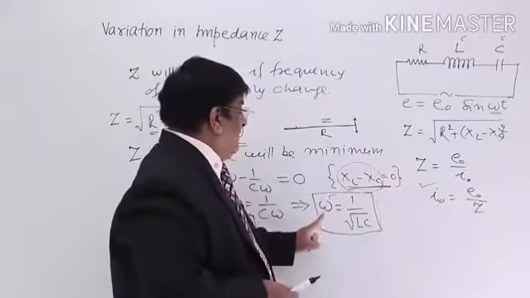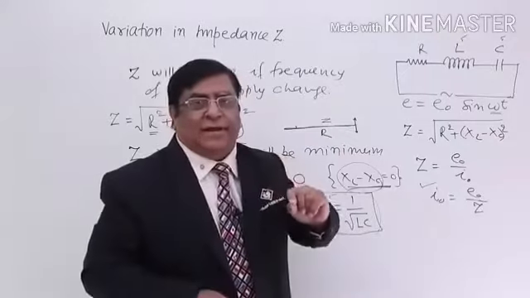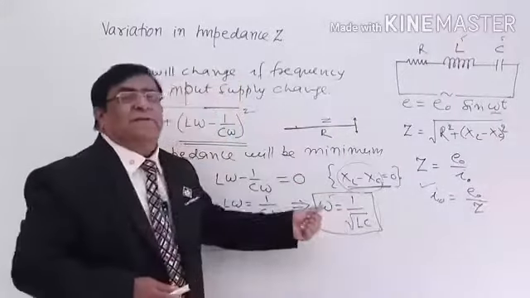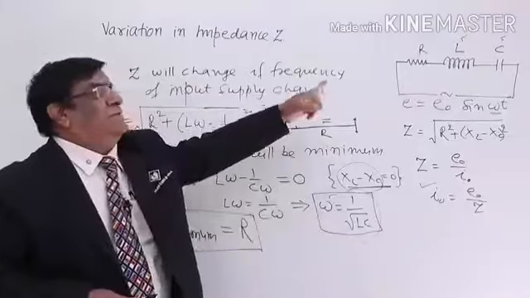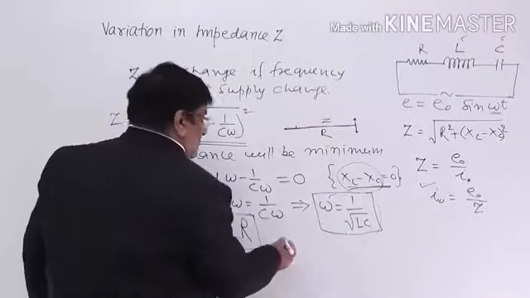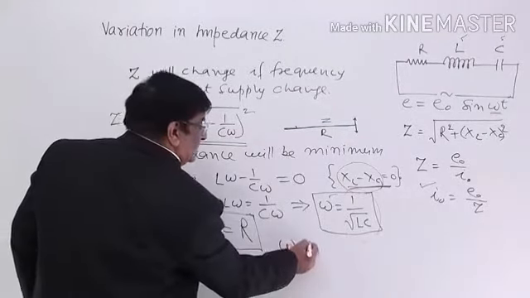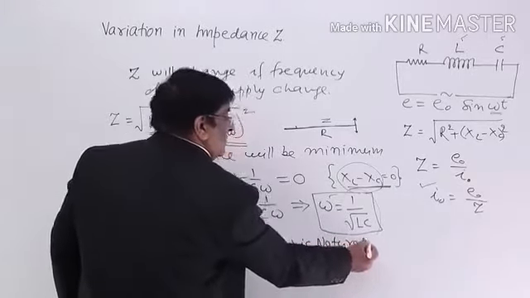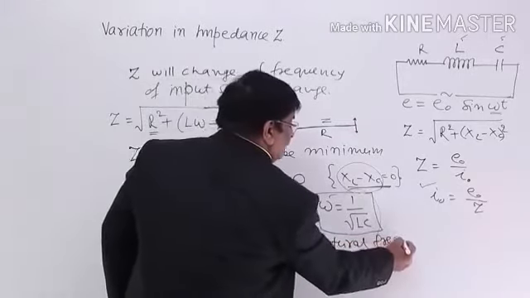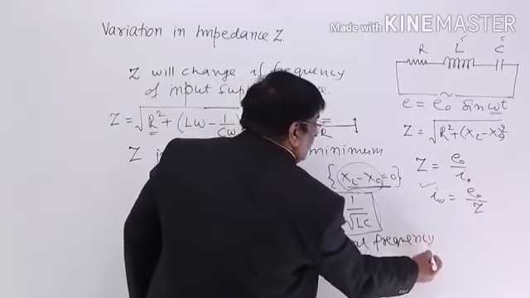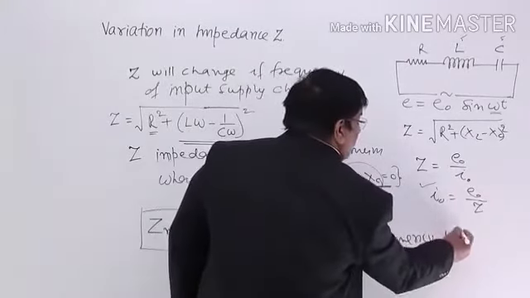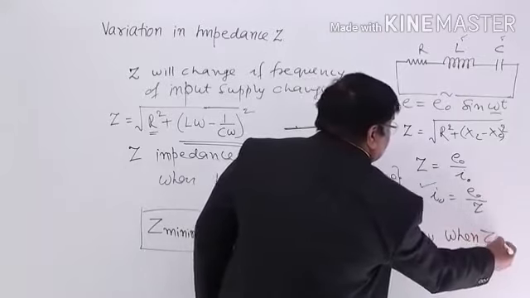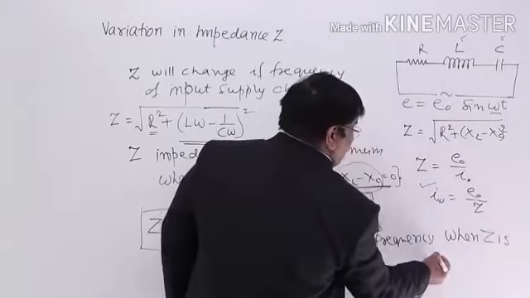So we have given this frequency a particular name: we call it the natural frequency of this circuit. So omega is the natural frequency when Z is minimum.